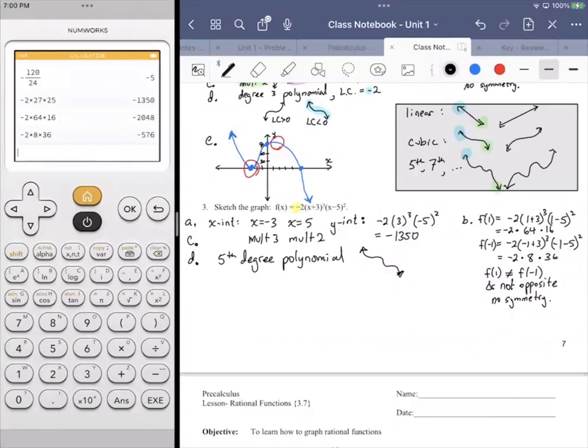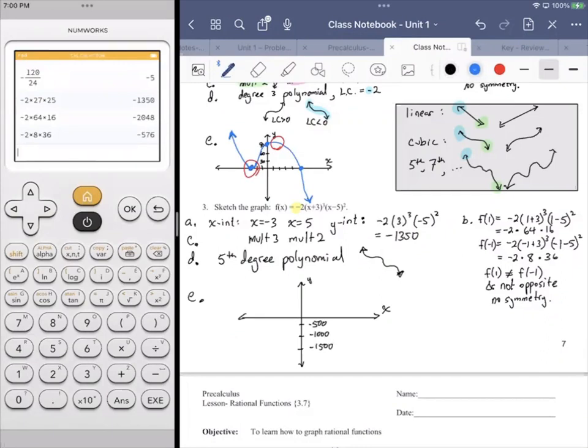But in making the graph, we now have to account for some pretty extremely large values because the y-intercept is at negative 1350. So I'm going to go by, I guess, 500s here. On my y-axis, I'm going to go negative 500, negative 1,000, negative 1,500, and we'll estimate where the 1350 is.